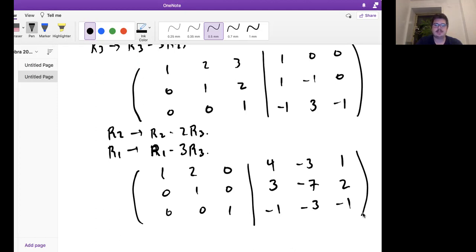Okay, and then what's the last step? I believe so, yeah. Negative 1, oh, thank you. I don't know why there's negative there. Positive 3, negative. Thanks.